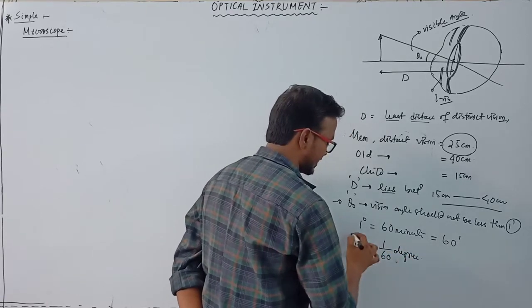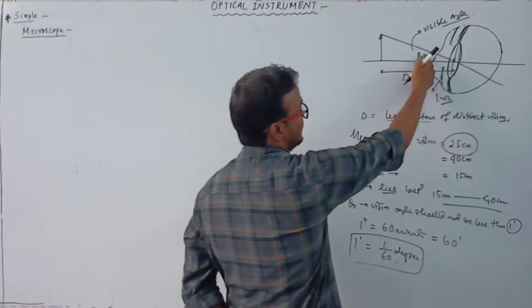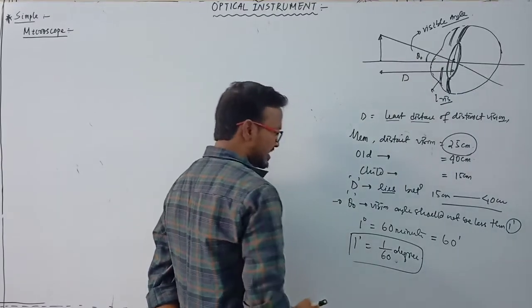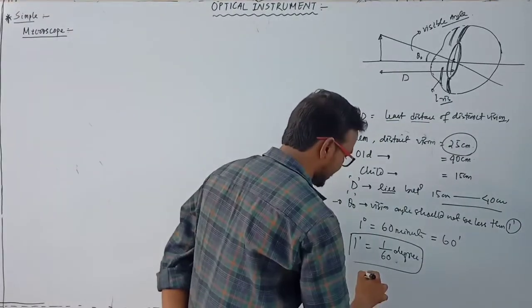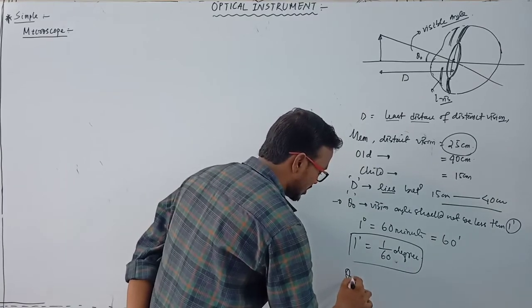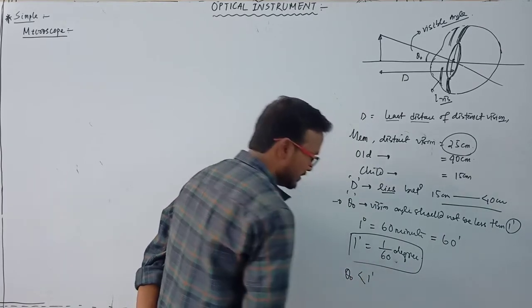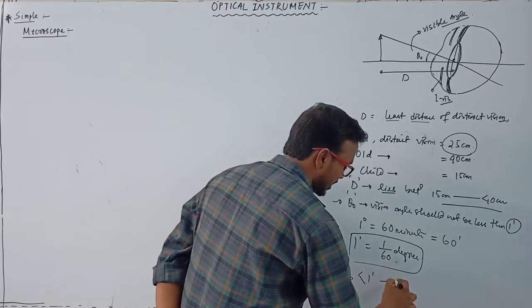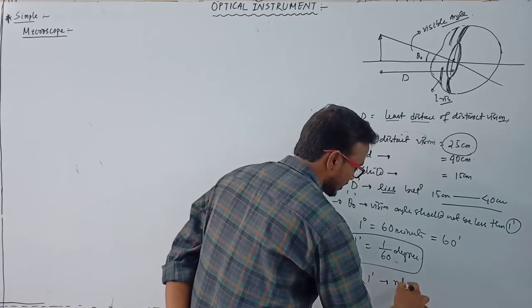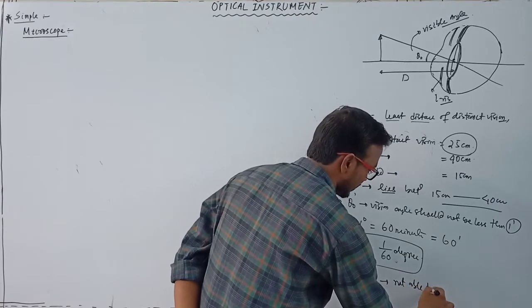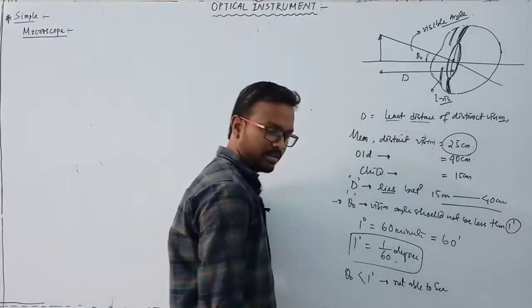For distinct vision, theta naught should not be less than that. If theta naught is less than 1 minute, then we are not able to see the object.